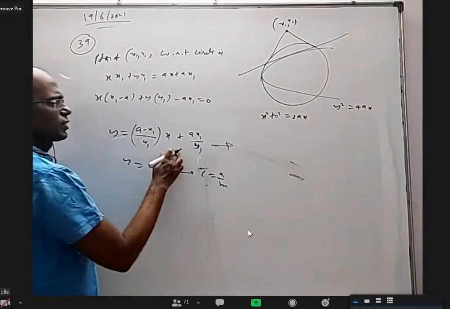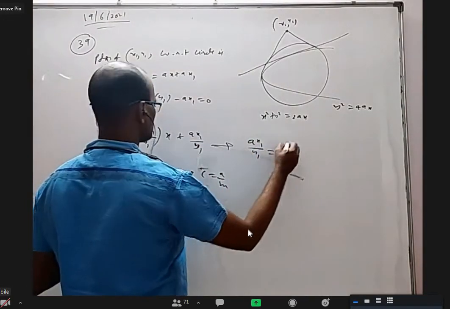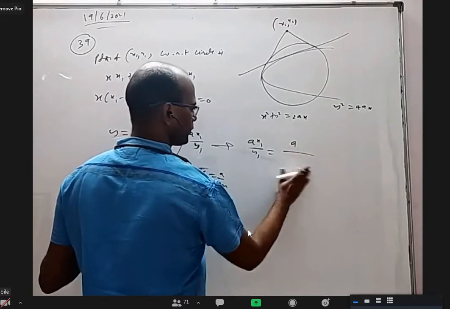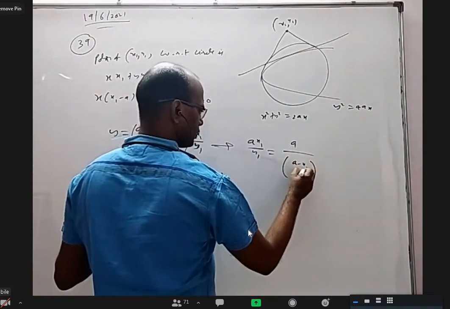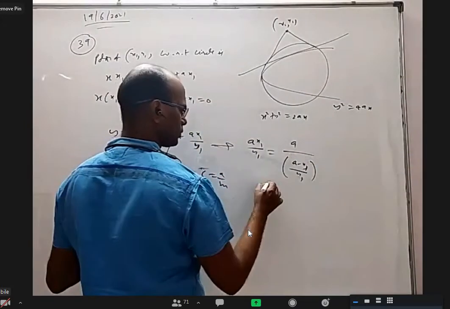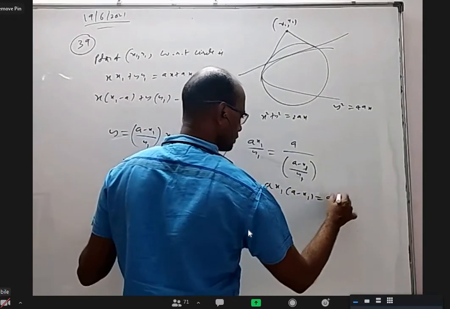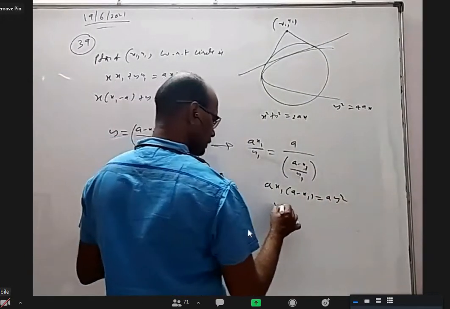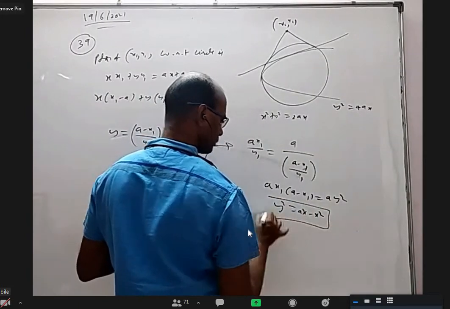Based on this, for it to be tangent, a x1 by y1 is equal to a by the slope, which is (a minus x1) by y1. Y1 will go up and we do cross multiplication. We get a x1 into (a minus x1) equal to a y square. So a will get cancelled: y square = a x minus x square.